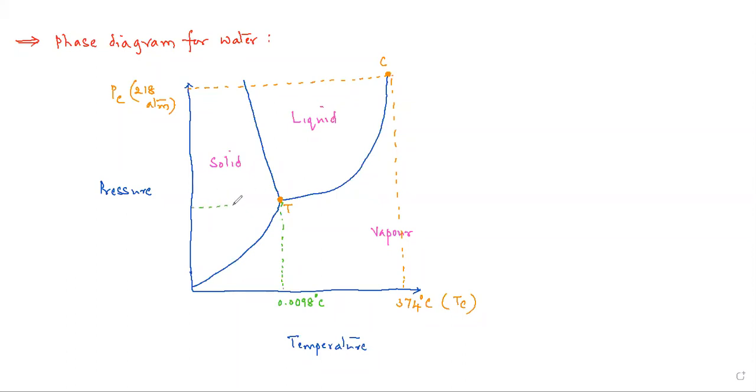Coming to the pressure at the triple point, it is 0.006 atmospheres, or in pascals, it can be given as 611 pascals.